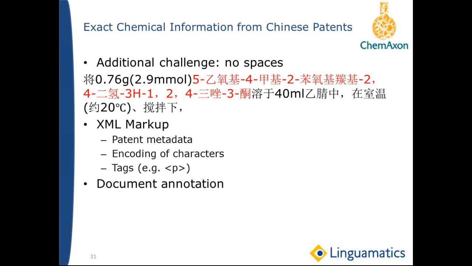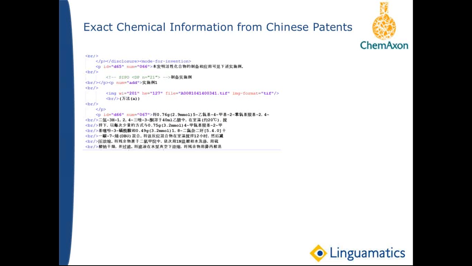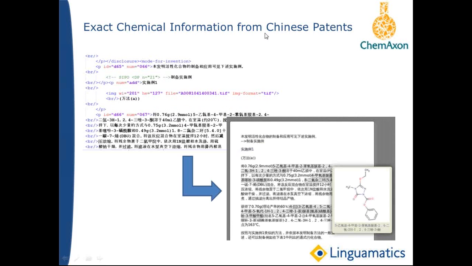In addition, in the XML files there are also a lot of markups, like different tags. We're still able to overlook these challenges and convert to the structure. So, for example, this is a Chinese patent XML. It looks like this. There's a lot of text, and there's also a line break in the middle of a name. We're able to, again, generate an annotated HTML. If you move your mouse next to the name, you'll be able to see the structure.